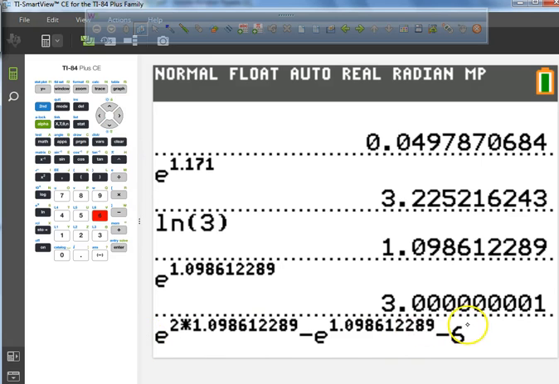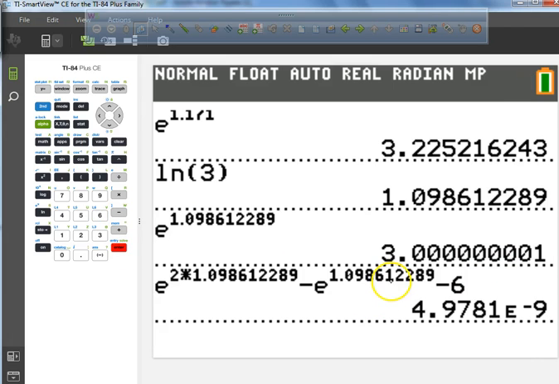If I solved for x correctly, what should this equal? 0. That's not equal to 0. Well, that number is really close. It's a really small number, because 4.97 e to the negative 9 is really close to 0. If I had gone back up and not used the approximate, but used the natural log of 3, it would have equaled 0.